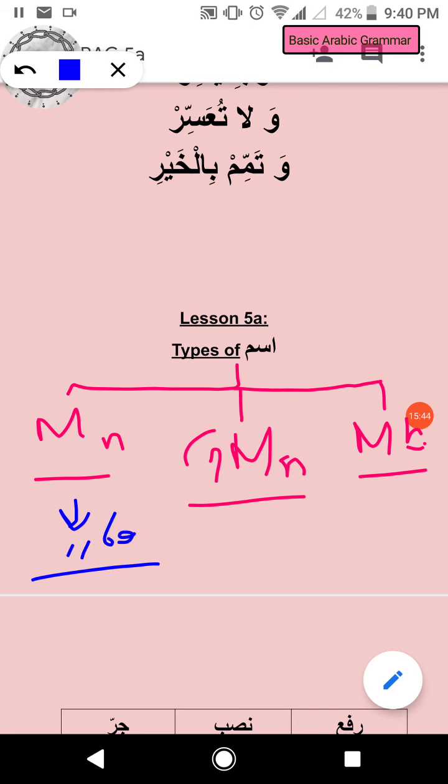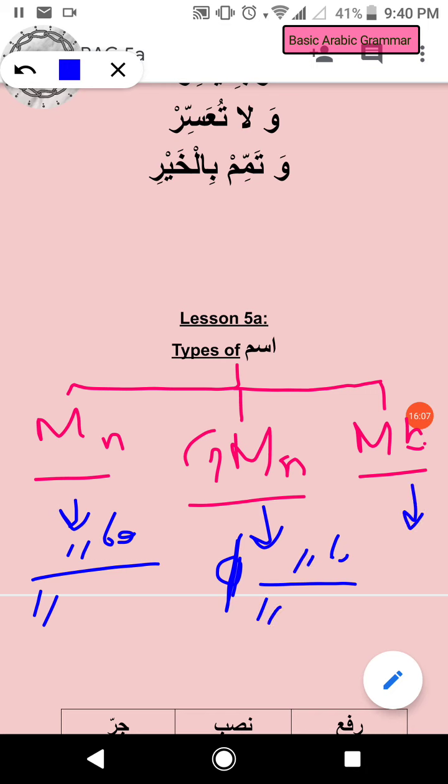Number two, in the second group, we have no tanween. And in the mabni group, again, this point repeats itself, no tanween.